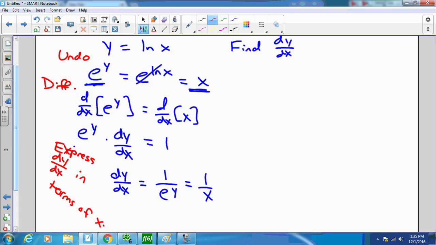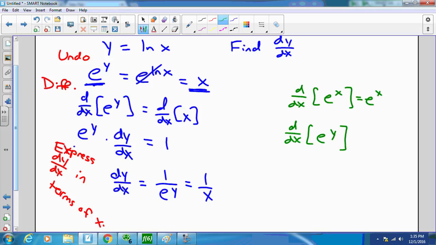So when you're doing the derivative of e to the x, because the derivative of x is 1, we just did it right. So we still need to find dy/dx here. In other words, I think what you're asking is the difference between this and this.